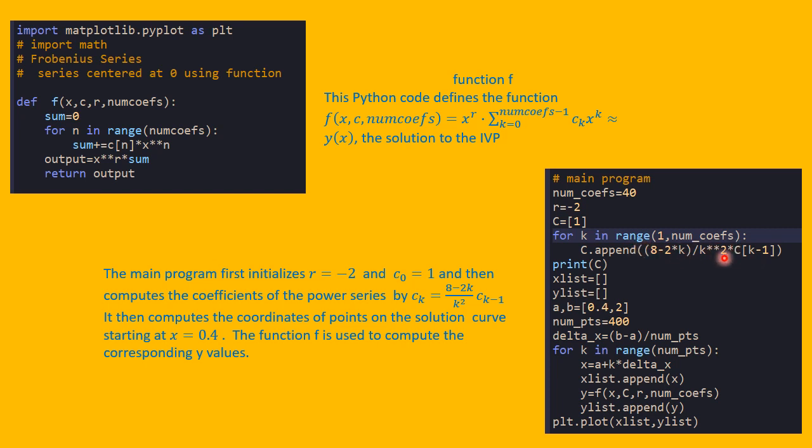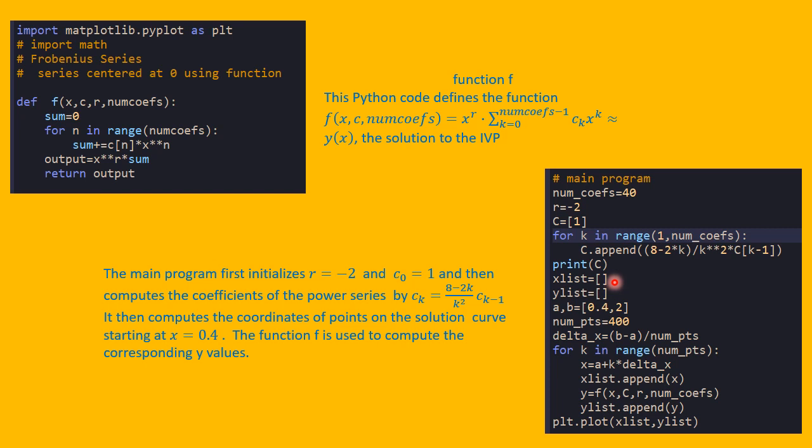So we append that to the list c. After this loop finishes, we have a list c with 40 numbers in it. Just to check what the values of c are, I put in a print statement here. You can run this yourself if you want to and see what c was. That was kind of a debugging maneuver.